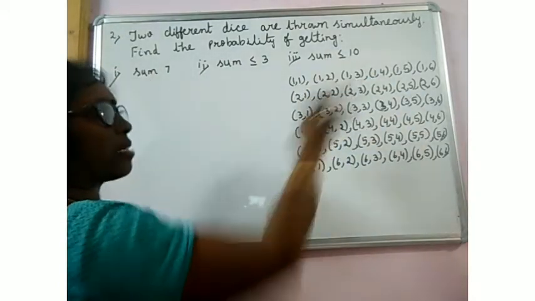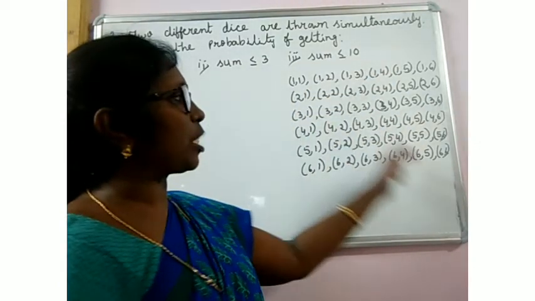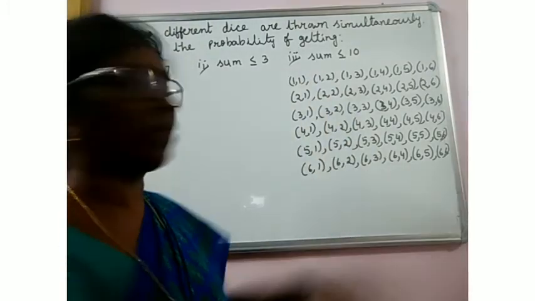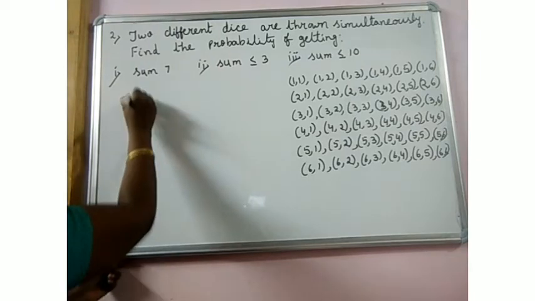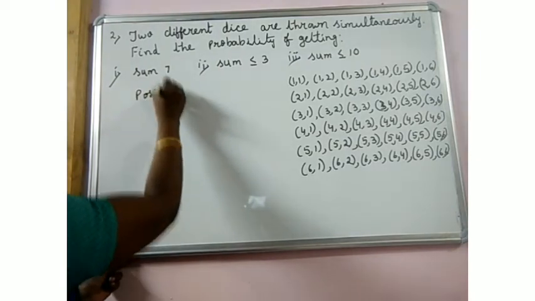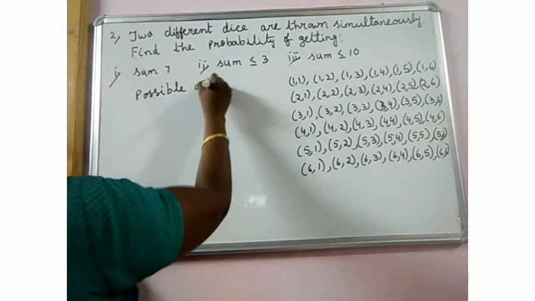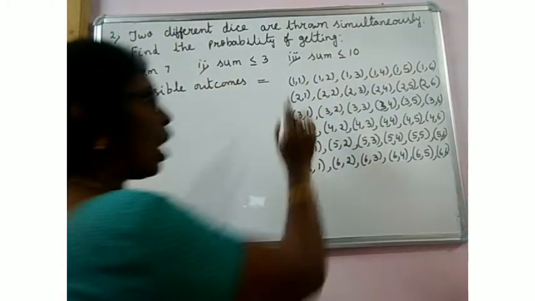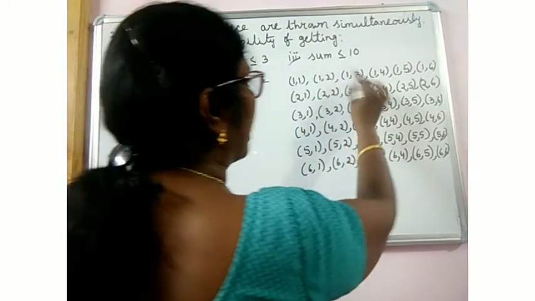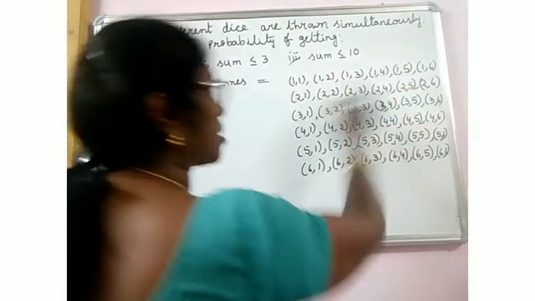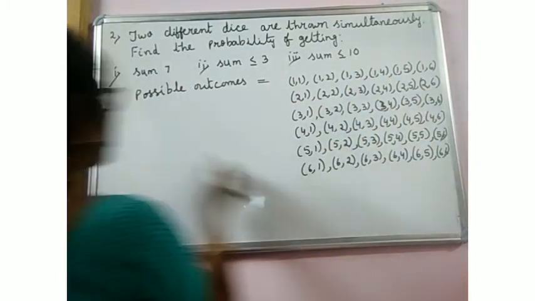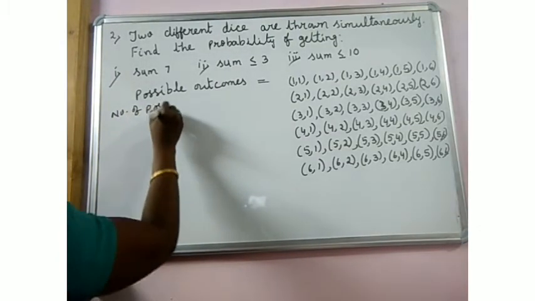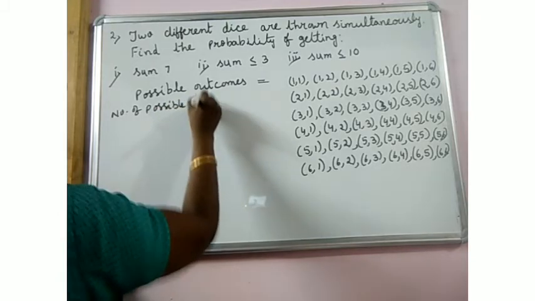The sample space, the possible outcomes, are these: 1 1, 1 2, 1 3, 1 4, 1 5, 1 6, and so on, a total of 36.